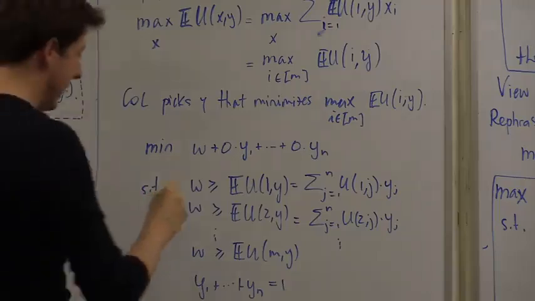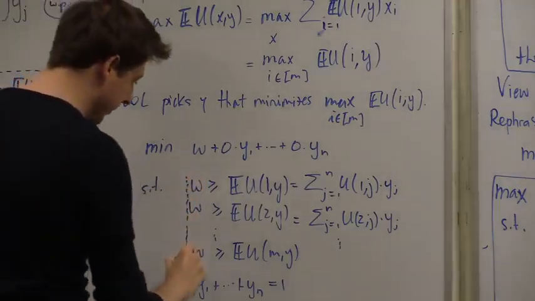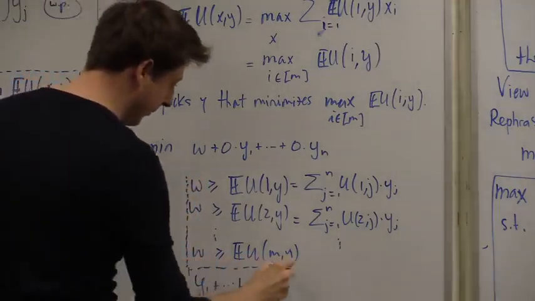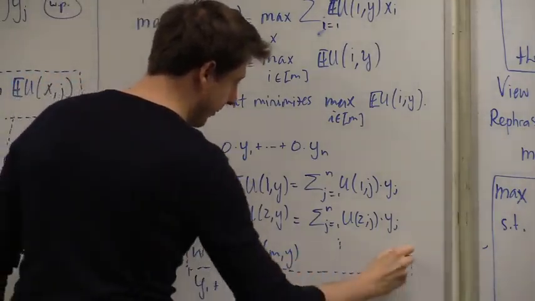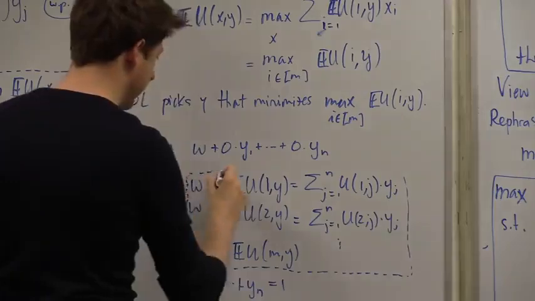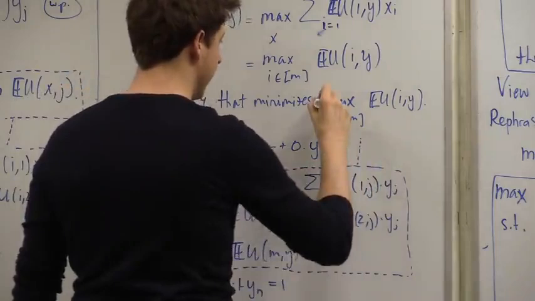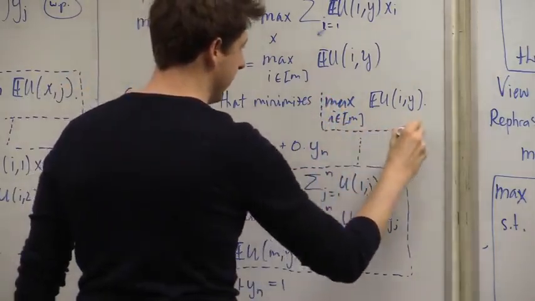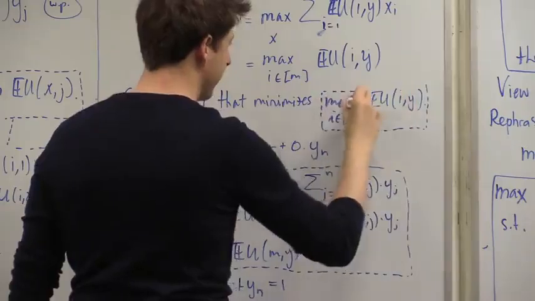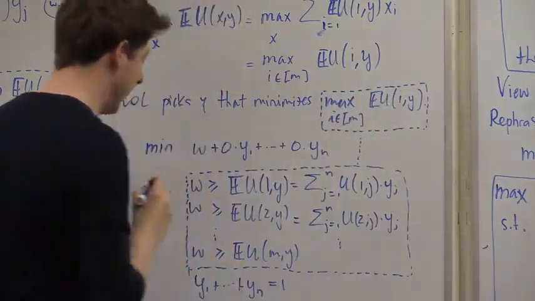Okay? And this gadget here is implementing this max over here via linear functions and an auxiliary variable, the auxiliary variable w.